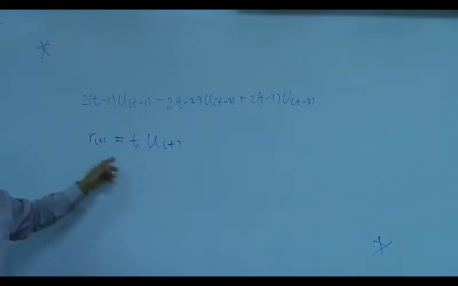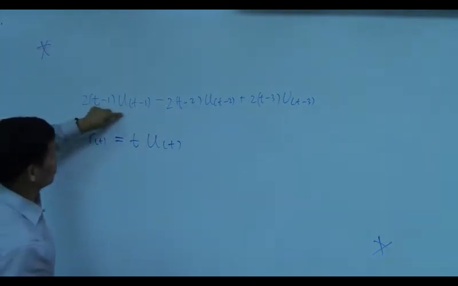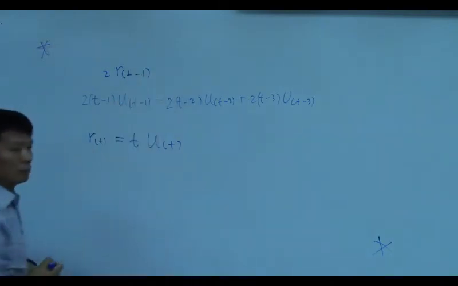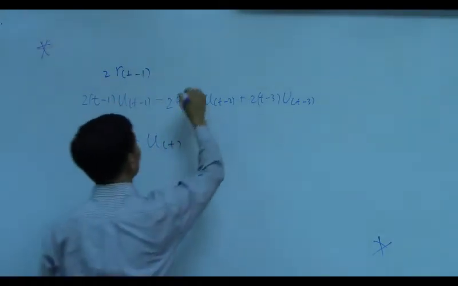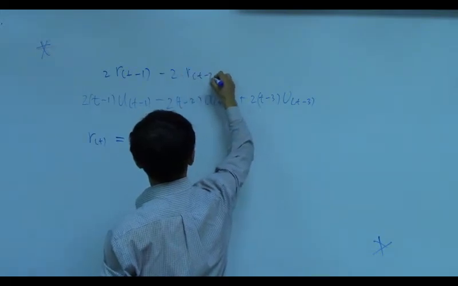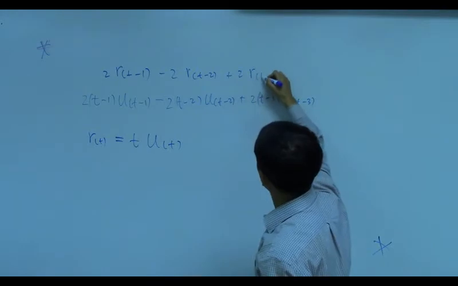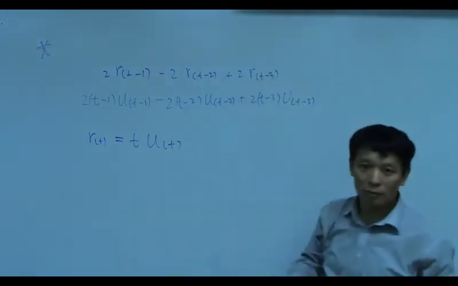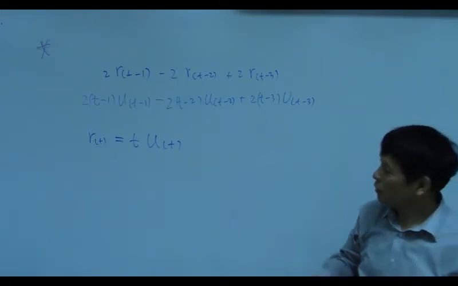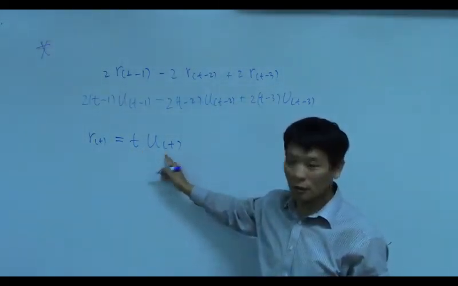So the first term is 2r(t-1), the next is 2r(t-2), and this one is 2r(t-3). Yes, r(t) equals t times u(t).